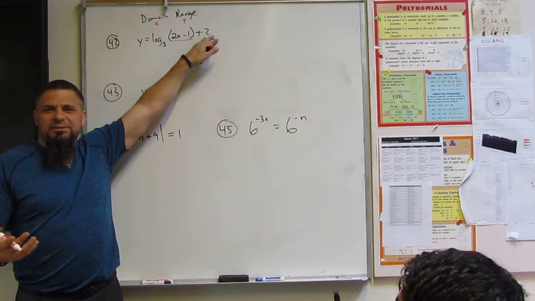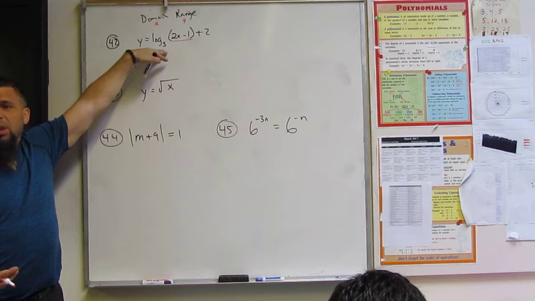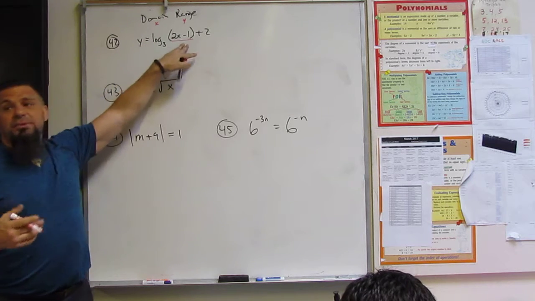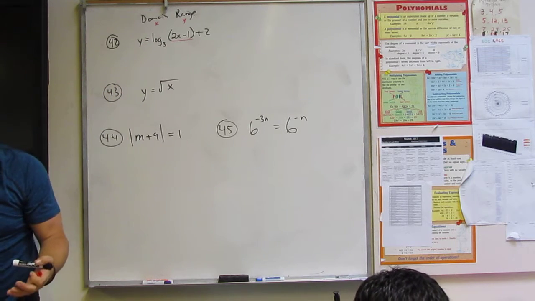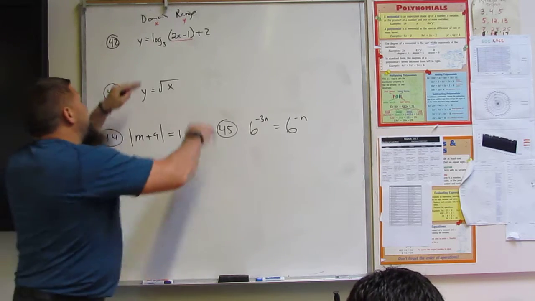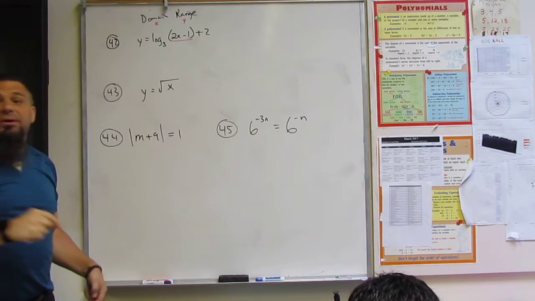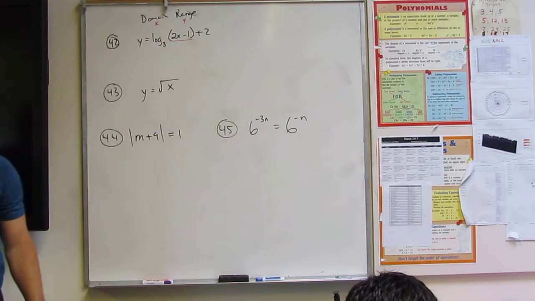Who cares about the +2? That doesn't change the log, right? You're taking the log of this number, because that's what's in the parentheses, correct? So, if all we're doing is taking the log of this, and then adding 2, then all I care about is that part. So that's the one thing they're testing you on.